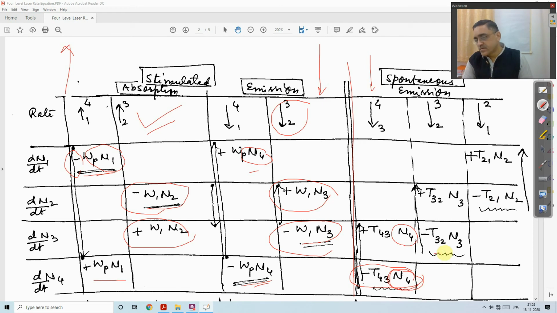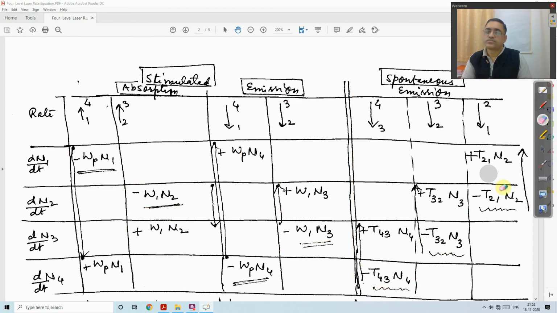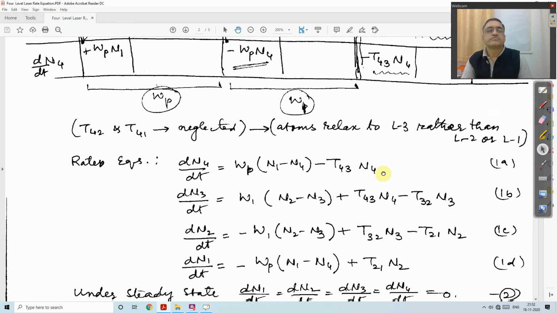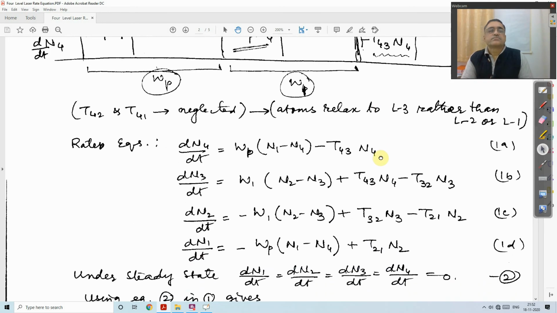Moving further, similarly, we can write minus T32 N3 minus T21 N2. You know very easily the logic why it is so. Here, one cannot rule out the spontaneous transition from 4 to 2 and 4 to 1.